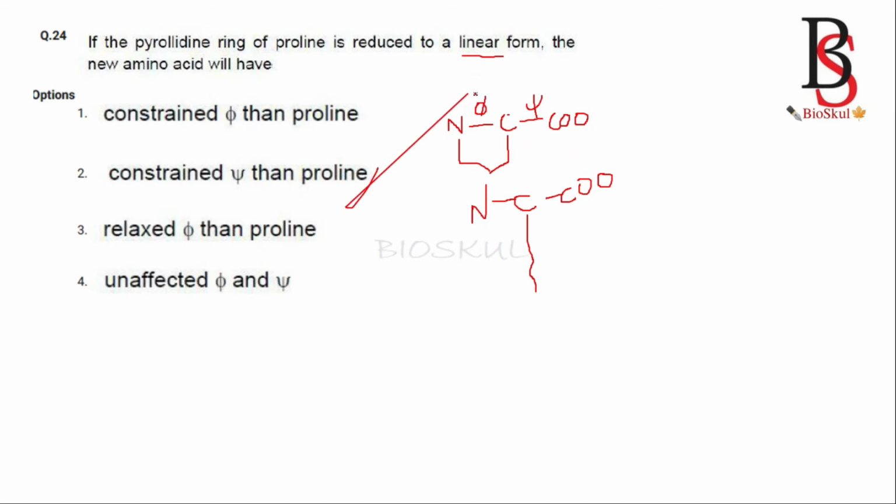So if it forms the pyrrolidine ring, then it is attached to the amino group or the alpha chain, so it will affect the phi angle. There is no effect on the psi angle. So constant psi, that is wrong, and this one is also wrong. So constant phi, no. If it is linear in form, then that will be relaxed. So the correct answer is relaxed phi. So the correct answer is option 3.